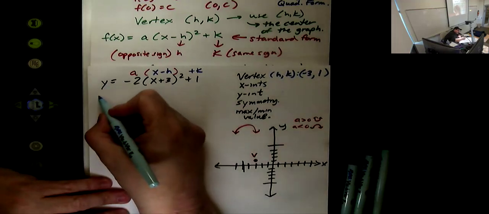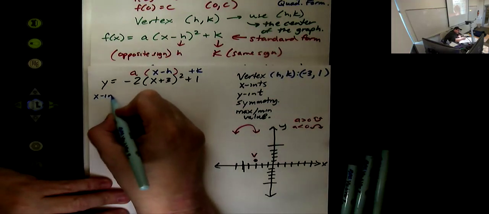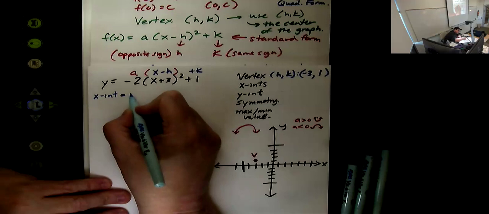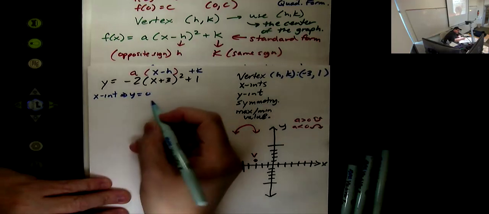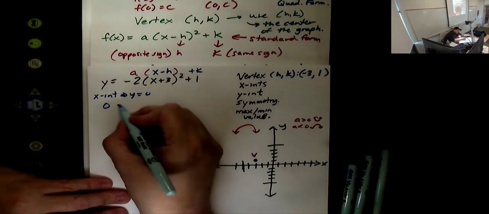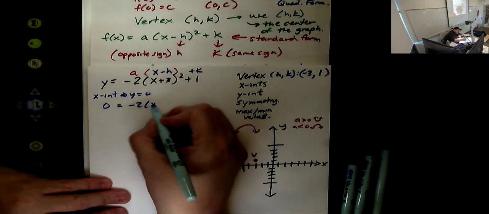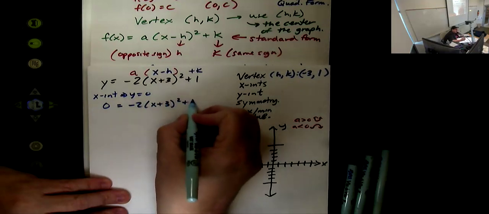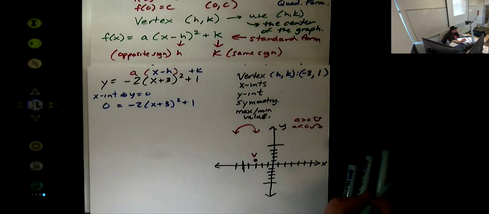X-intercept. The x-intercept is when y equals 0. So this becomes 0 equals -2(x plus 3) squared plus 1. This is set up pretty well for extracting roots.